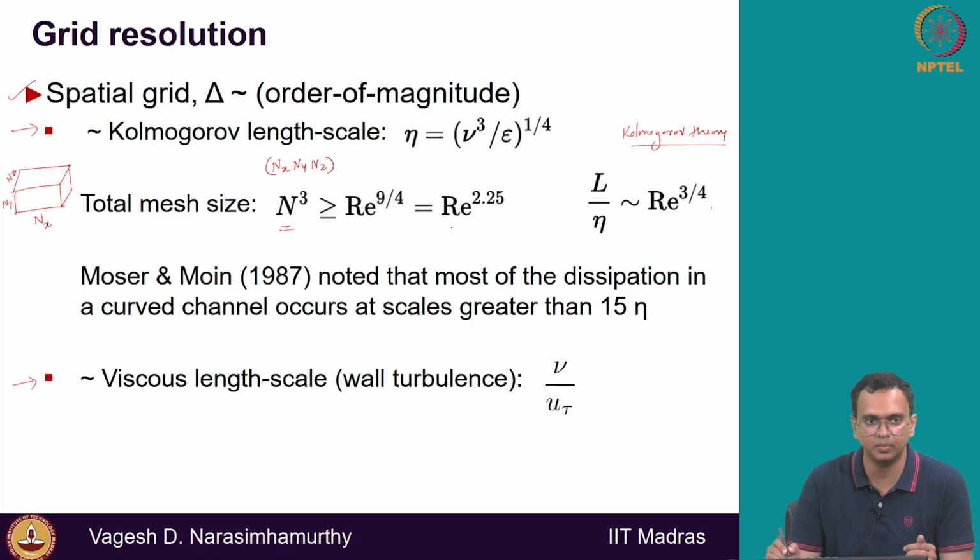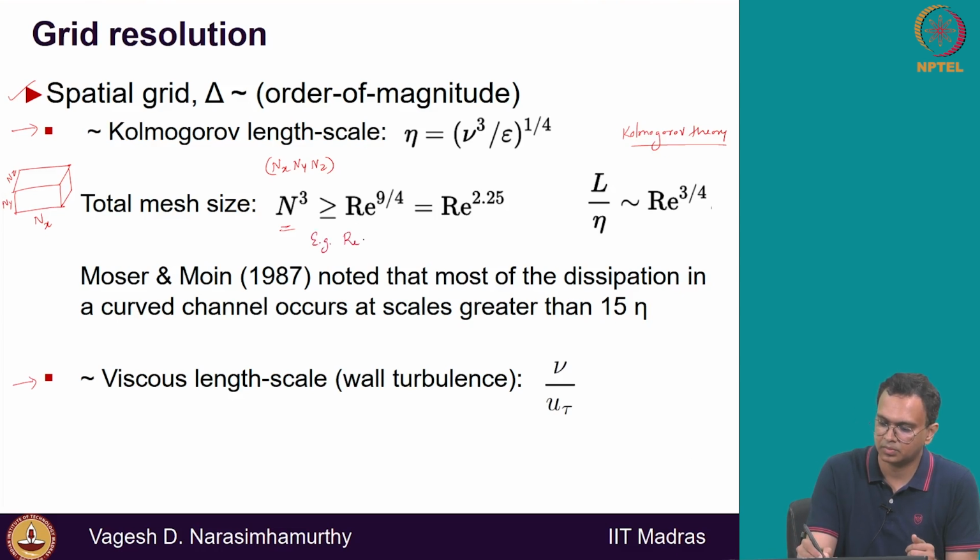The Reynolds number 1 million, what will be n cube? We just discussed, let's say 1 million Reynolds number, where u is 1 meter per second, L is 1 meter, and take air as the fluid. What is n cube coming to?